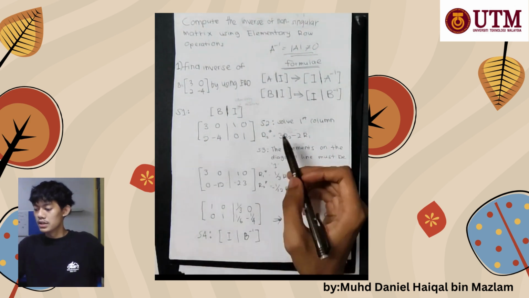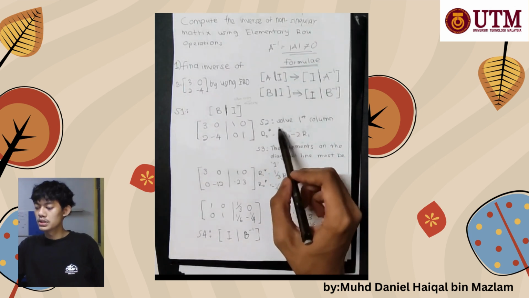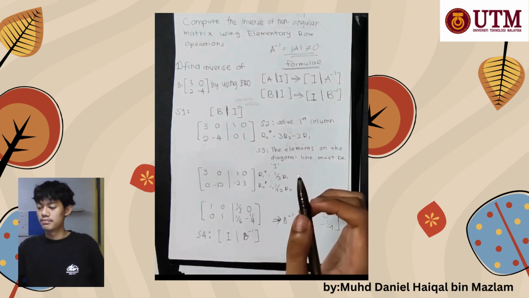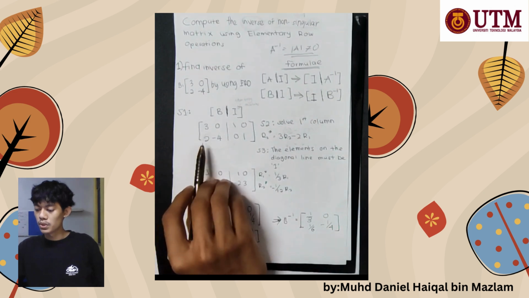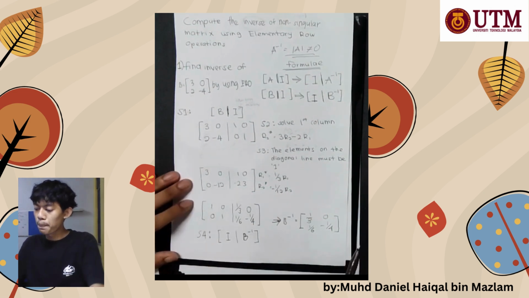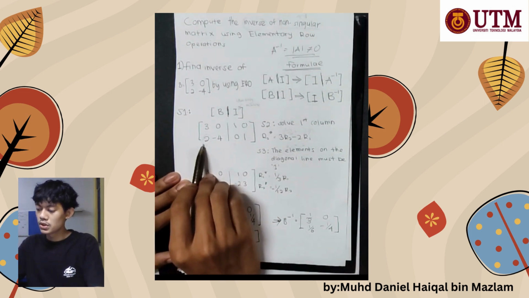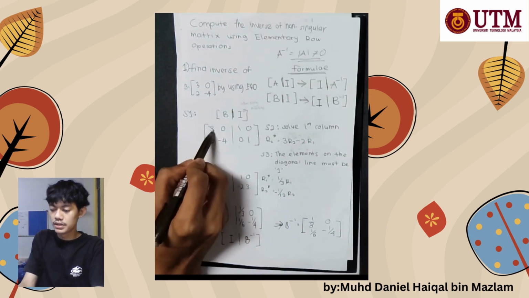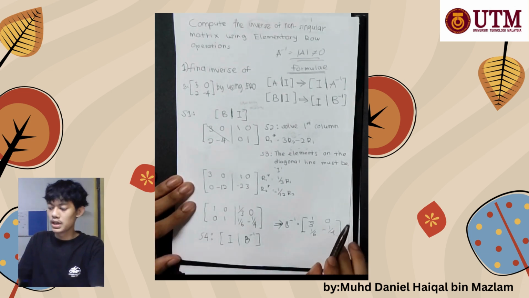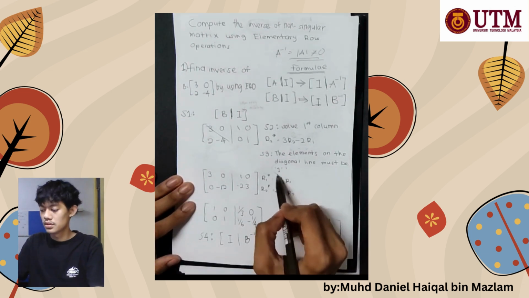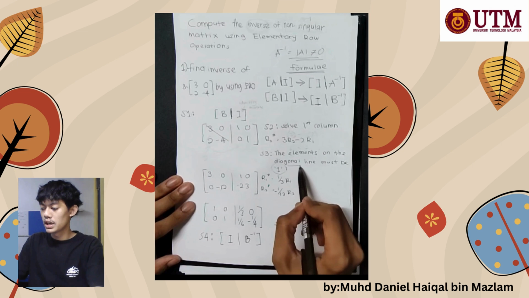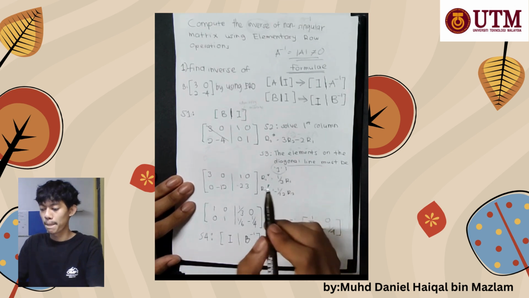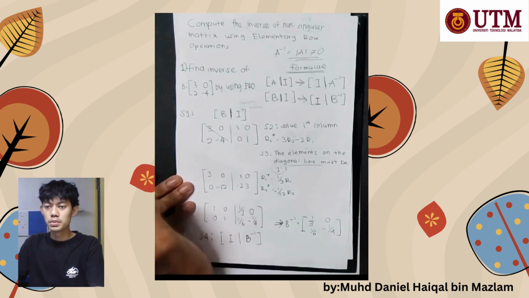The second step is to solve the first column. Here is the simple one, we must make the first column become 0. This is a diagonal line. The diagonal line must be 1, and the other part will be 0.